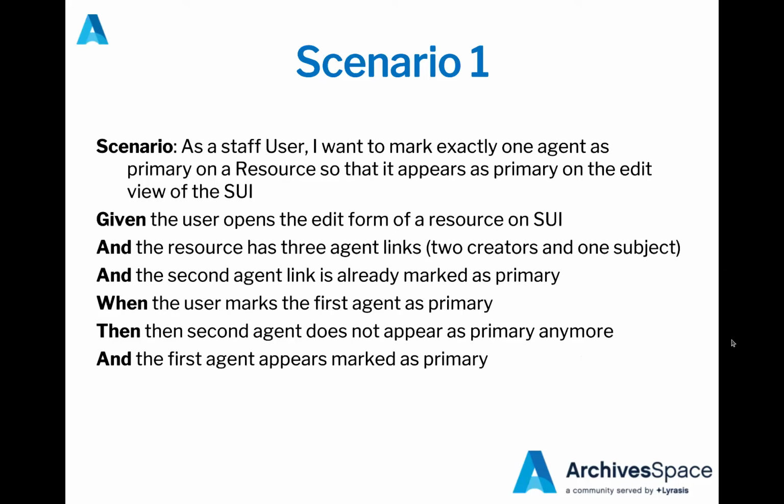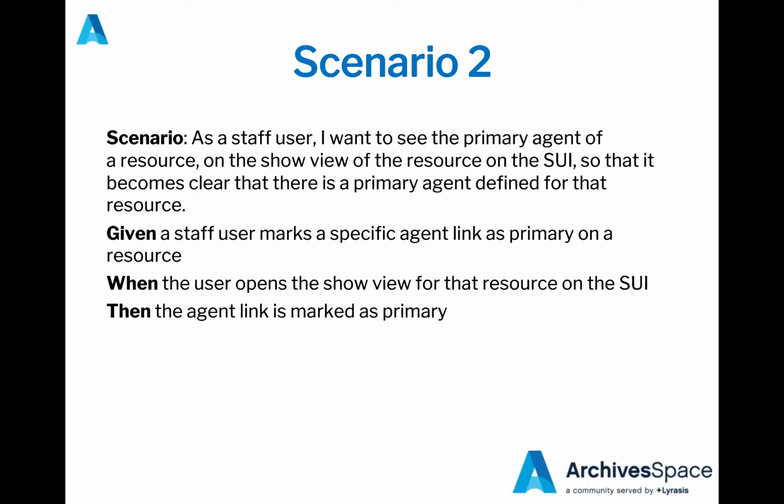Let's take a look at another scenario that could also be included. So, as a staff user, I want to see the primary agent of a resource on the show view of the resource on the staff user interface, so that it becomes clear that there is a primary agent defined for that resource.